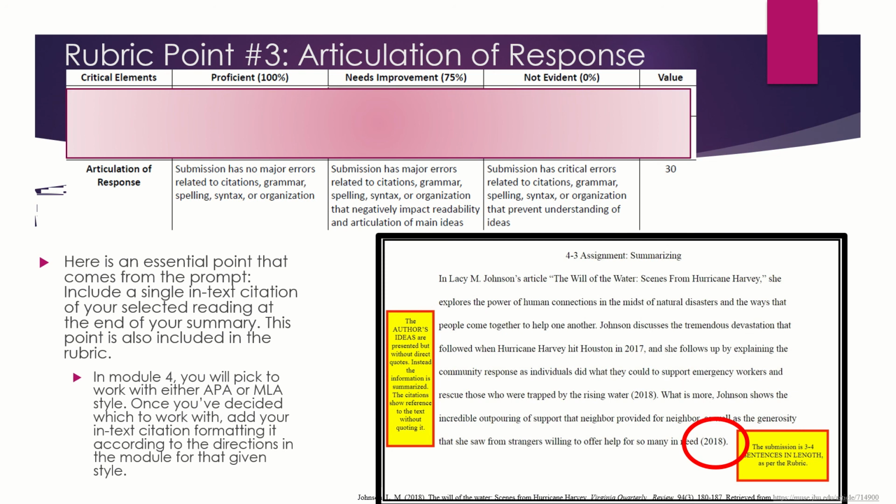So double check the APA and MLA handbooks, both of which are included within the module, to help you out. You can see here a student example has an in-text citation, but remember, it has to be either MLA or APA style. So whichever one fits best to your degree, make sure it's formatted in that manner.